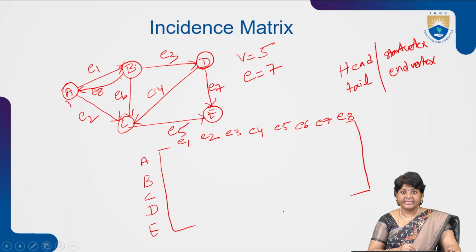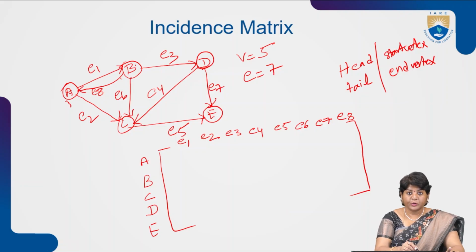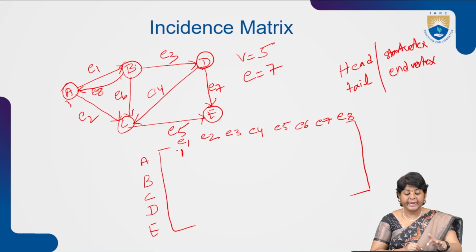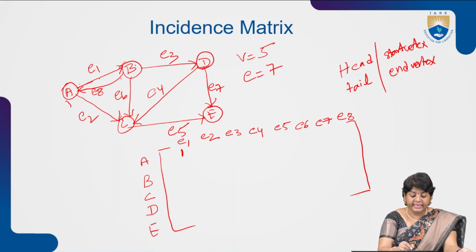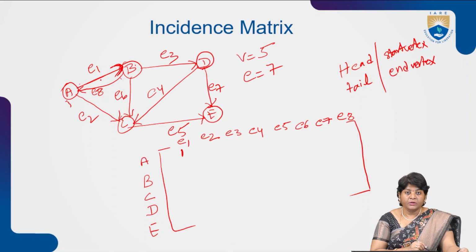See how we will represent. When A is projecting from A to B, then for edge connection E1, we will mark it as 1. From A to B, the direction is there like this. This is out from A to B. So A is acting as a starting vertex, where we mark 1.